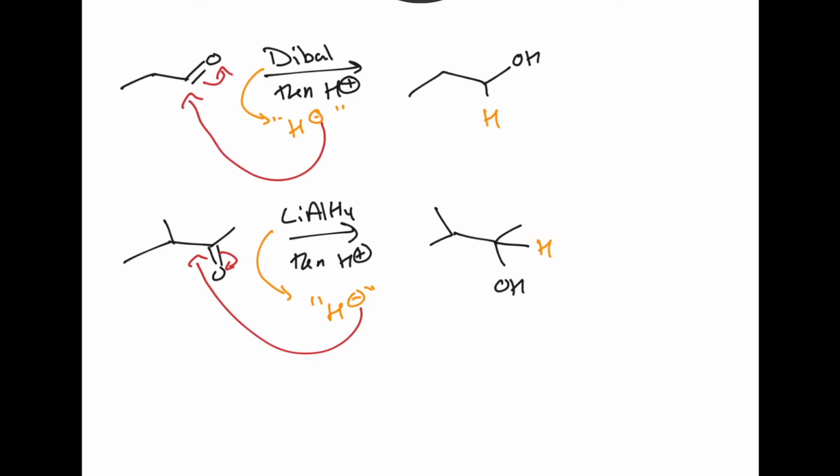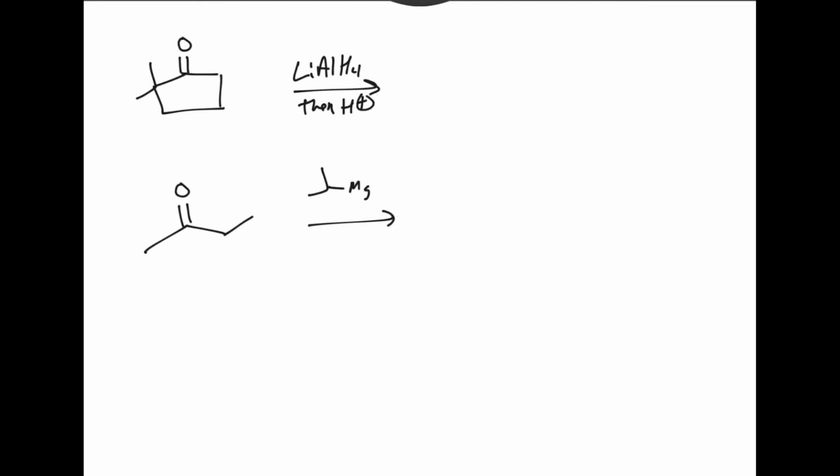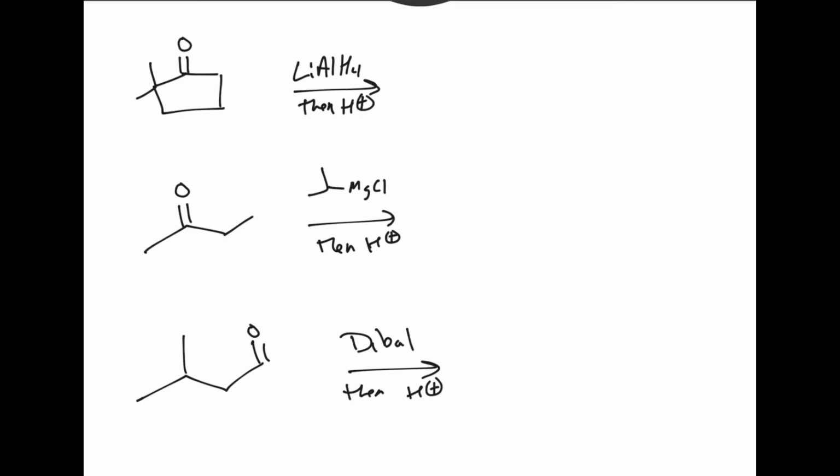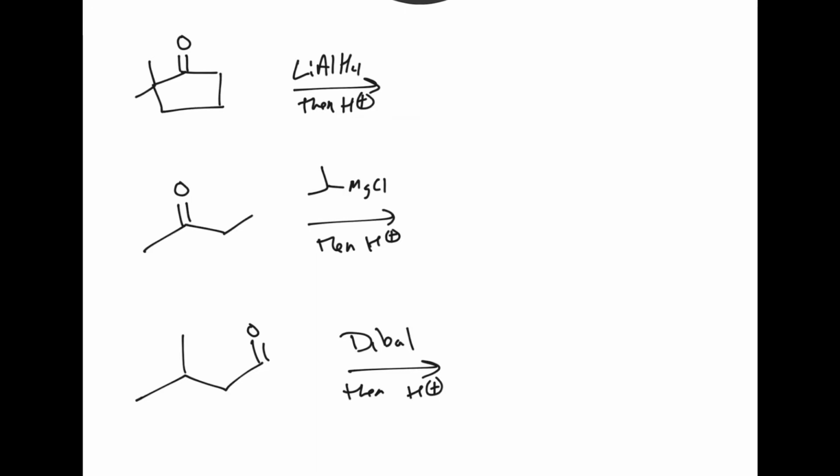All right, time for a few more examples. All right, so this is all pretty much just a review of the stuff we had done in the alcohol stuff, right?